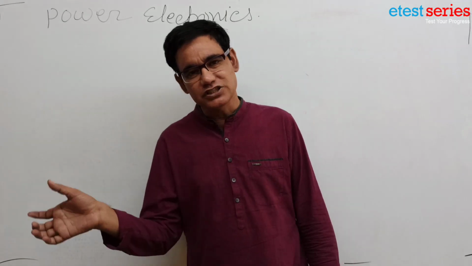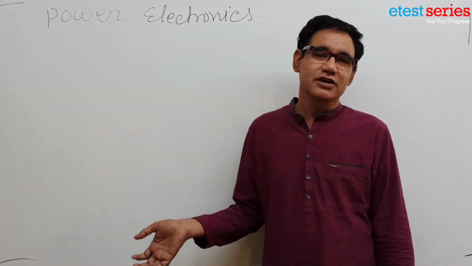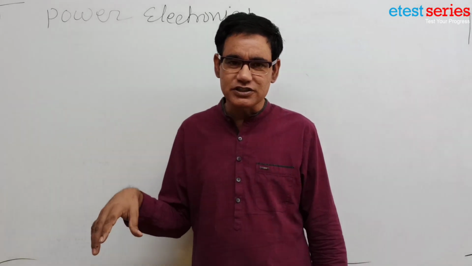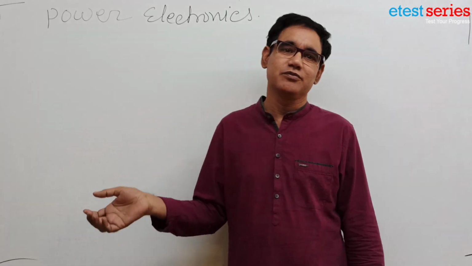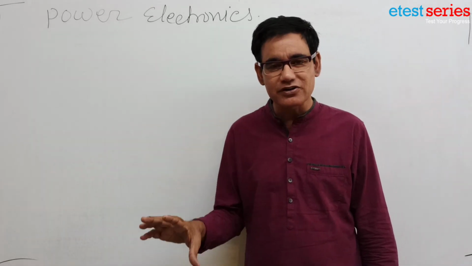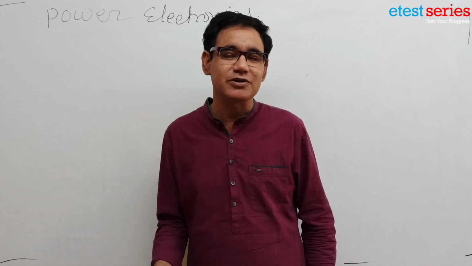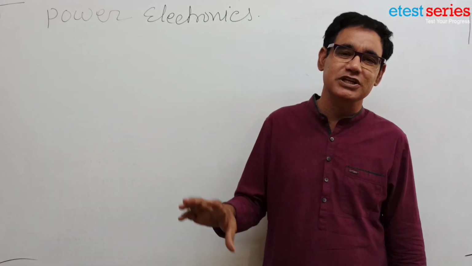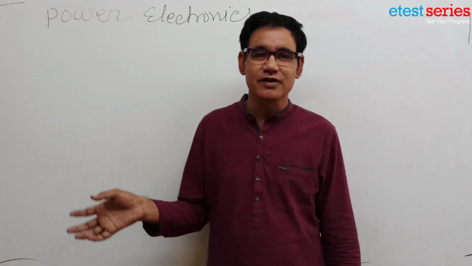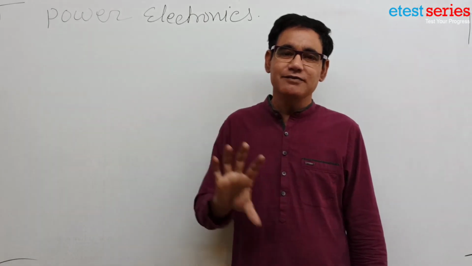Okay, in the second lecture we have covered the different devices, the diode means power diode, the power transistors and the comparison in between the different power transistors like BJT, IGBT and MCT.